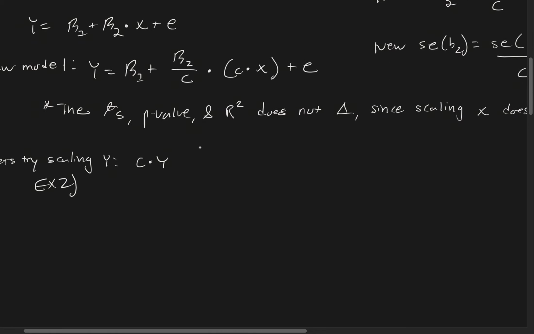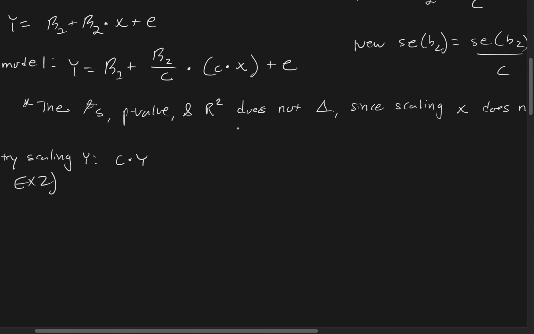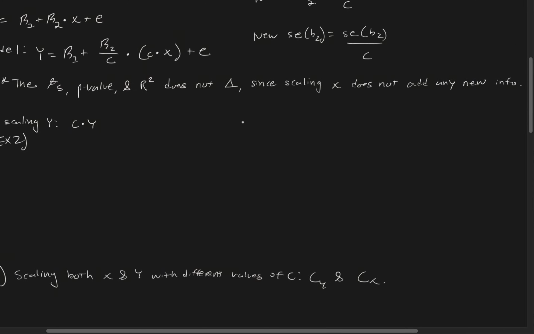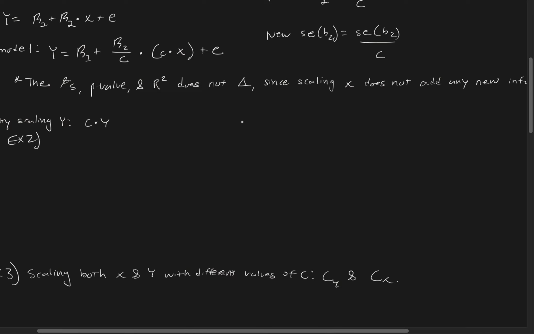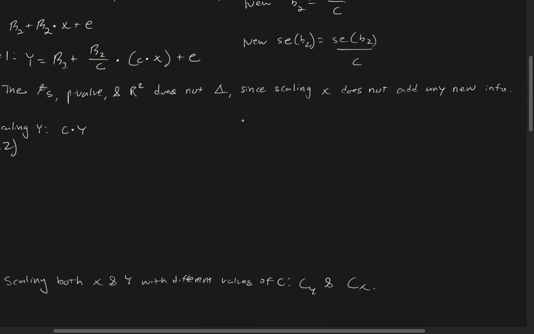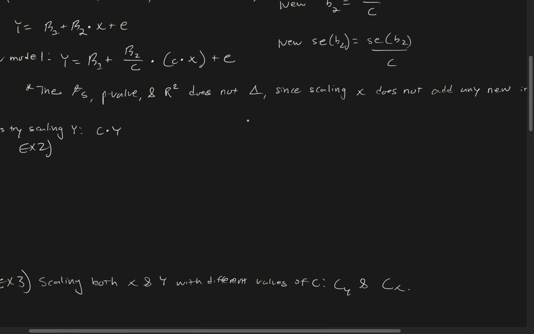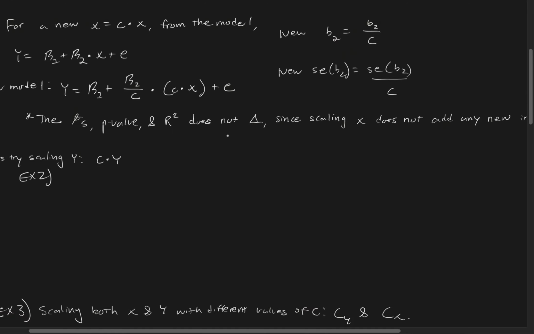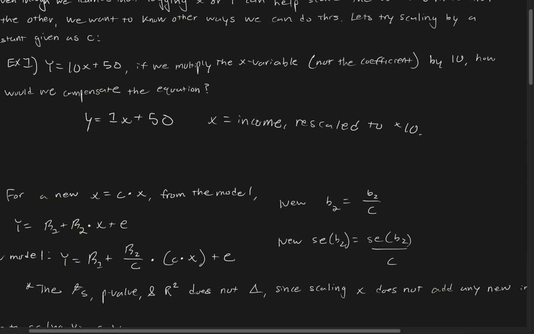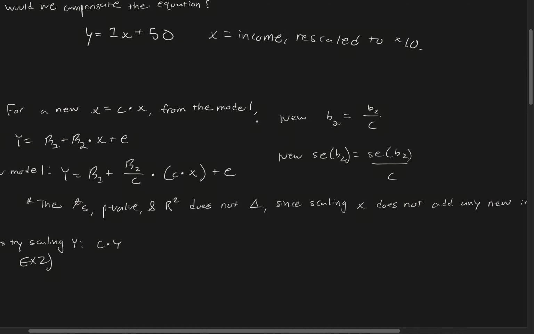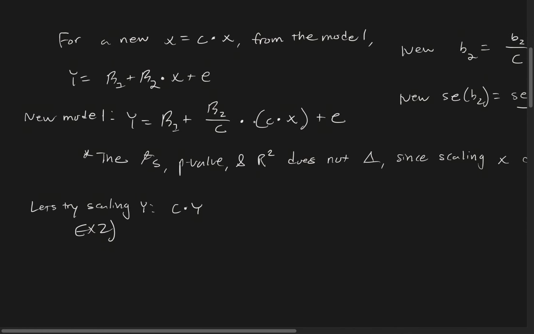What doesn't change is the test statistic, p-value, and r squared. And this is because scaling the x, multiplying or dividing it, doesn't necessarily add any input. It just changes the properties of how beta 2 and x act in relation to each other.